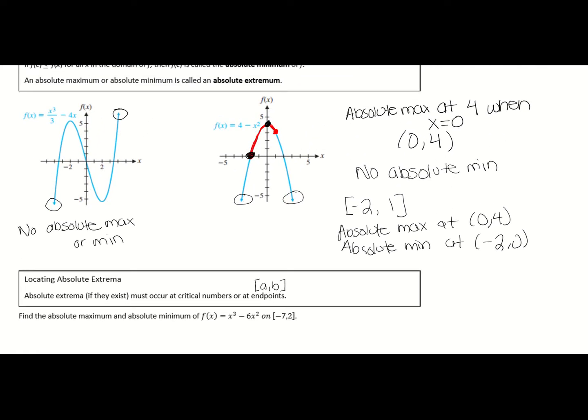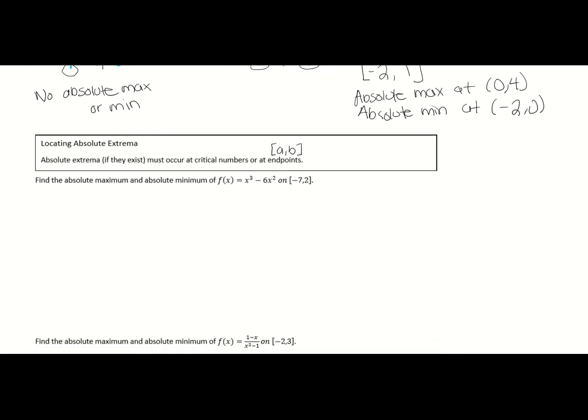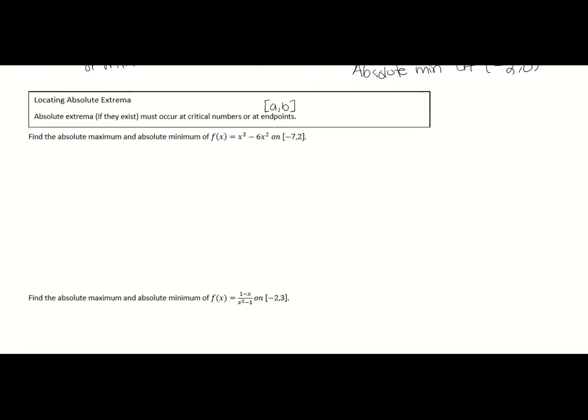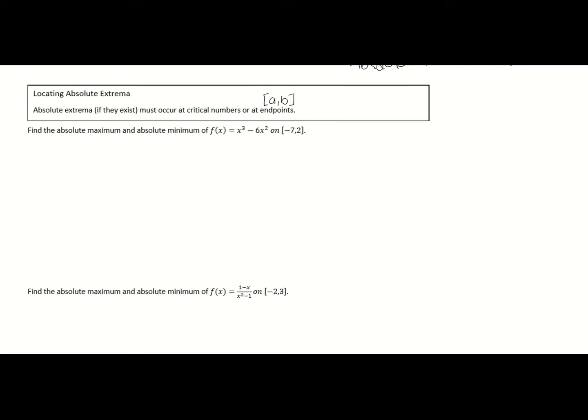It hit the minimum at the endpoint of -2, and you also have to check the critical numbers. So where are the critical numbers? Remember that the critical numbers can happen where f prime of x is 0 or where f prime of x is undefined, but it has to be part of the domain. It's really good to always think about the domain when you're working with functions. So that's what we're going to do in the next two problems.